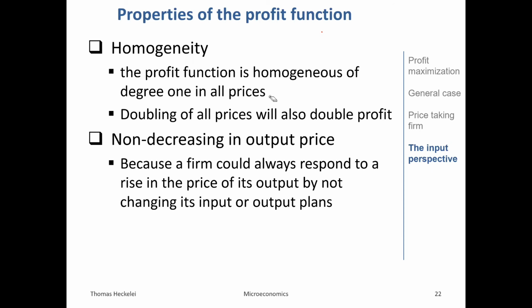That means when you multiply all prices, I mean both output and input prices, by the same factor t, for example here t equals 2, that means you doubled all prices. The profit will also be doubled.